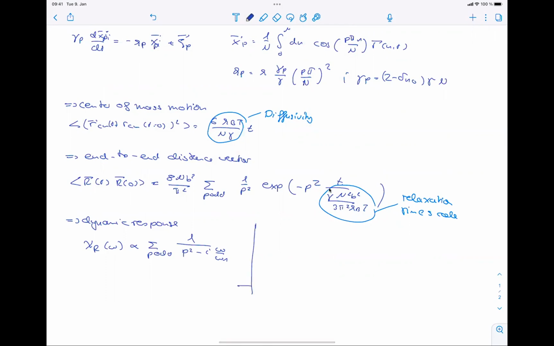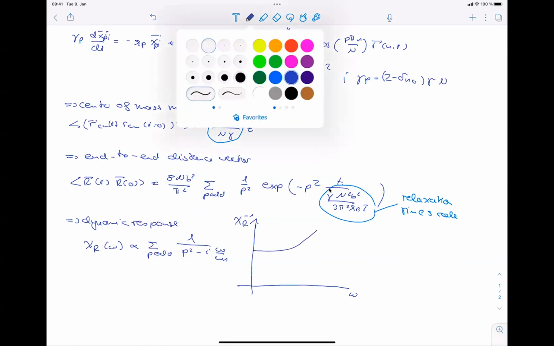And indeed, I have a colleague next door who's even so nice to do these kind of experiments for me. So what you do is you take a polymer and you shear it, oscillate it with a plate at a certain frequency, and you measure its response. And this has a real and an imaginary part.